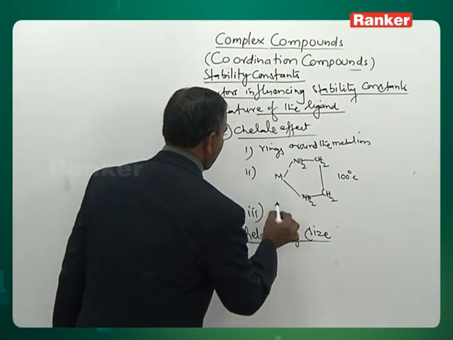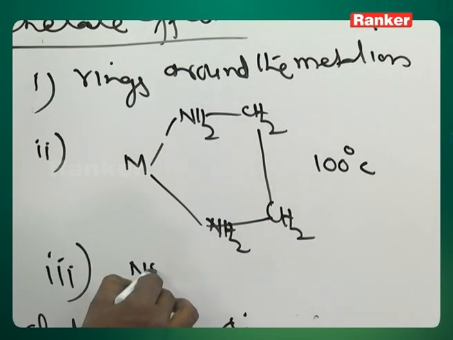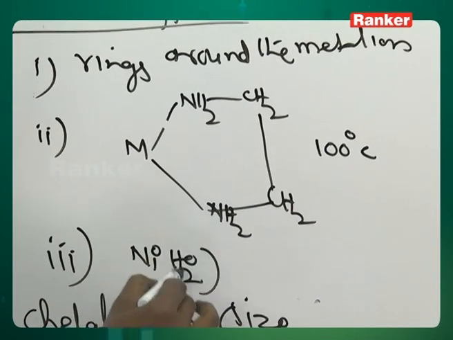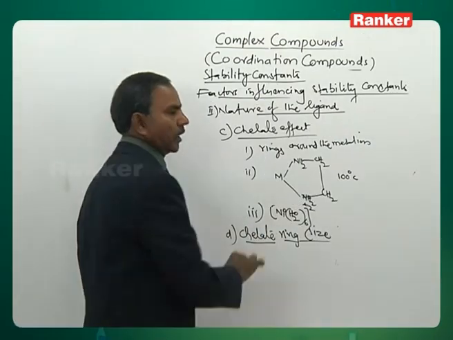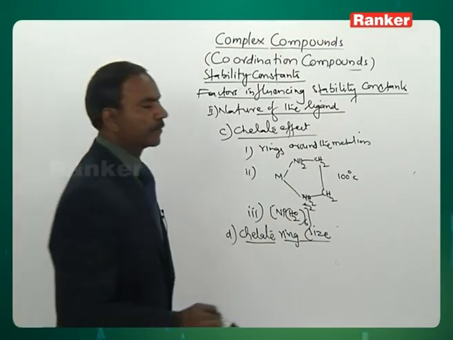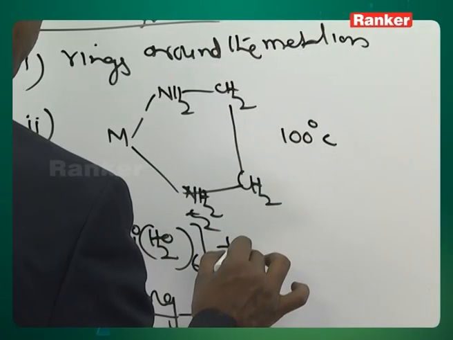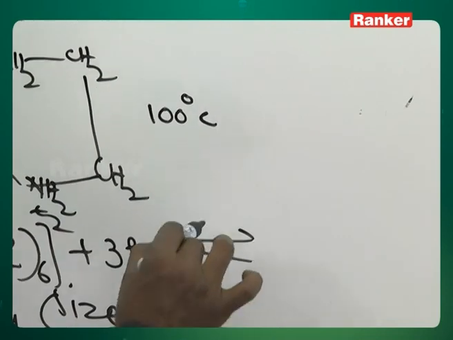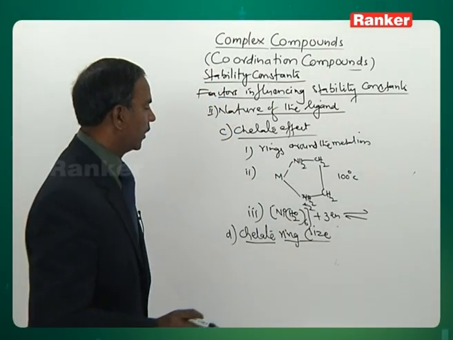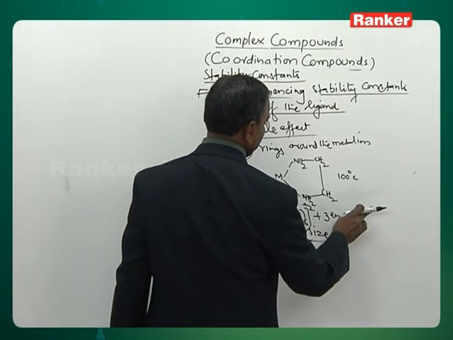Whenever a complex with chelate ligands is produced, see nickel H2O taken 6, a +2 complex. This is a complex with a monodentate ligand. This is forming a complex with a bidentate ligand, ethylene diamine.